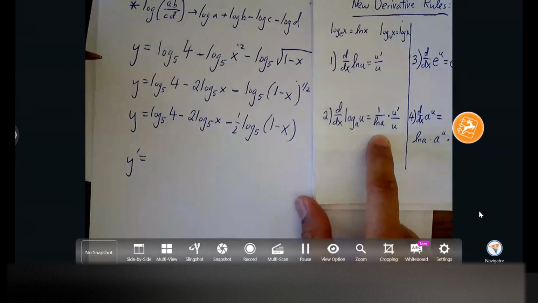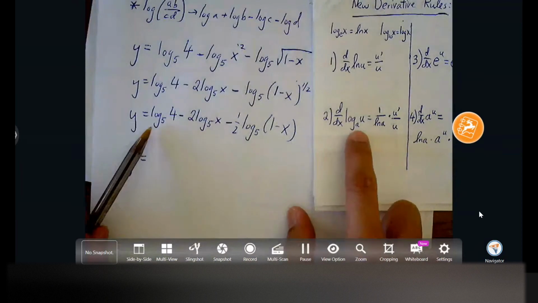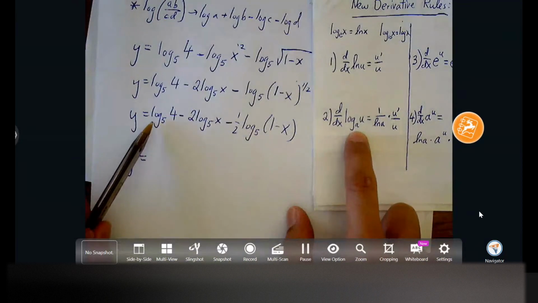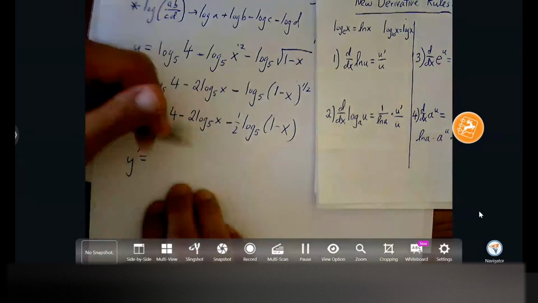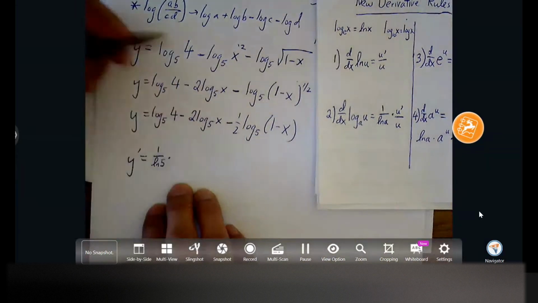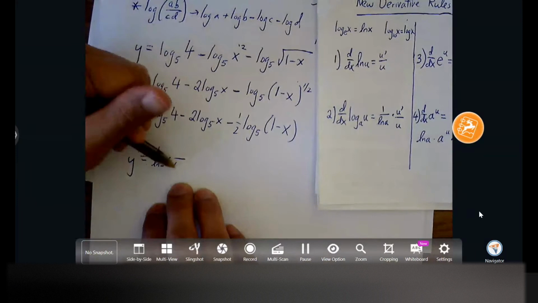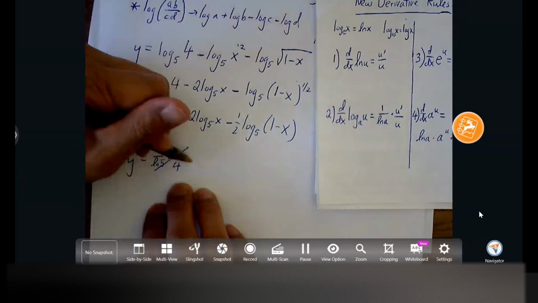Okay, so let's match it up, right? What's my a and what's my u value? Just do log 5. Okay, so we have 1 over 5 ln 5 times 1 over 4. Close. What's the derivative of 4? 0. But wouldn't that just be 0? Yeah, the whole thing is 0.